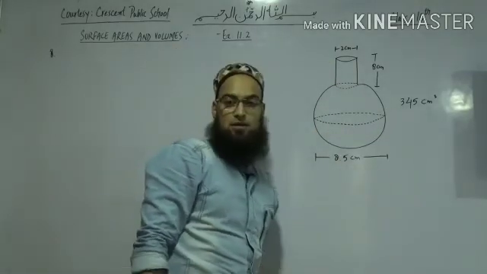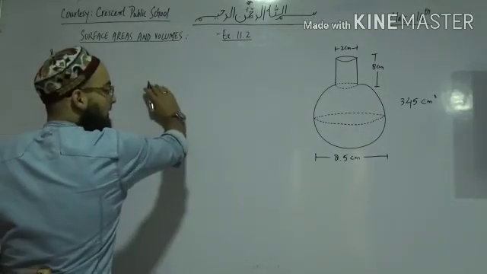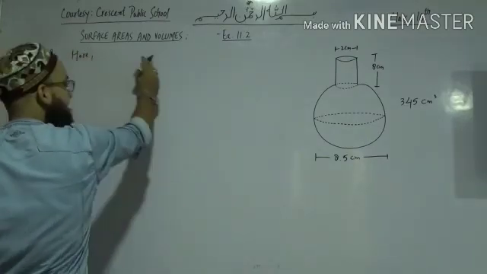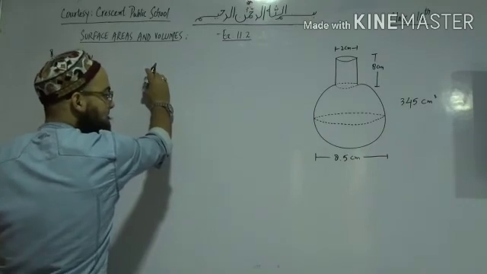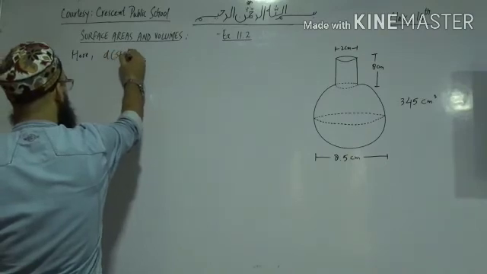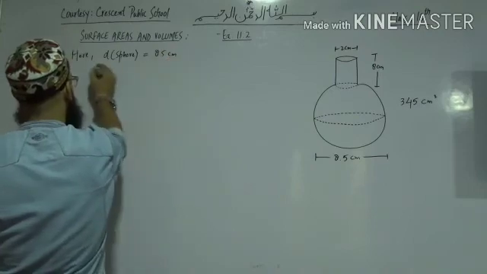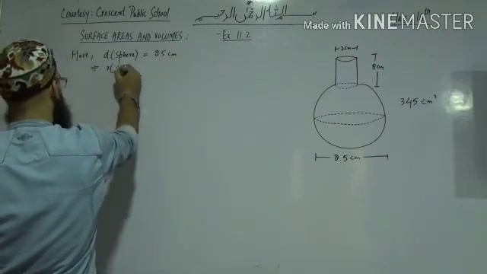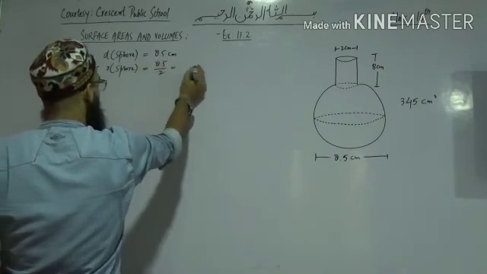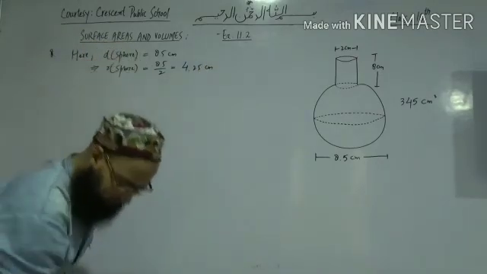Let us see whether she is right or wrong. Diameter of sphere is 8.5 centimeter, which implies that radius of sphere is 8.5 divided by 2, that's 4.25 centimeter.